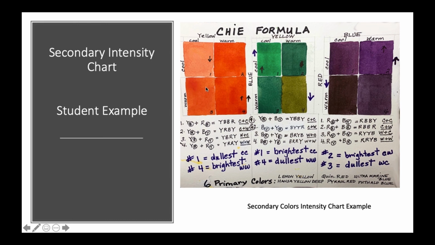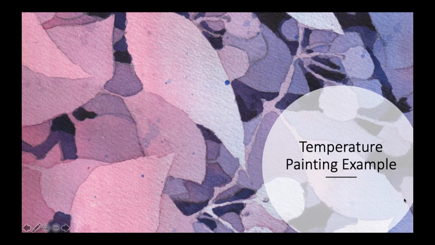Mix all the combinations, and at the end you have to put these formulas together, and then you have to tell me which of your squares is the brightest and which is the dullest of the greens and the oranges and the purple mixes.